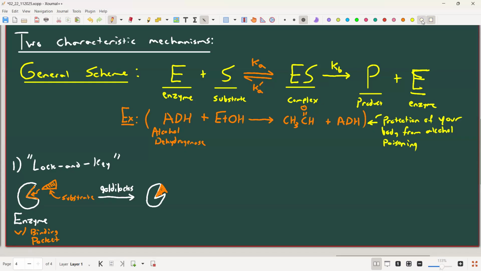But there might also be some other substrate that comes in that's too small. So this is where the selectivity of these enzymes comes in, is that the pocket, maybe it's this small. This is not going to go in. Too small. So the idea is that you have a pocket that fits the substrate perfectly.